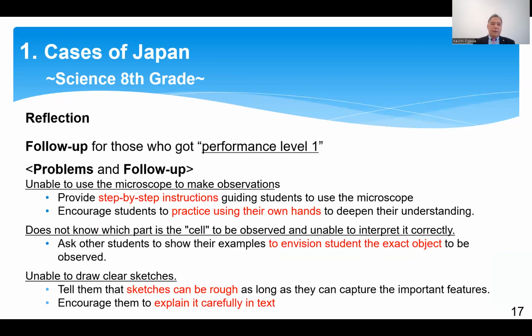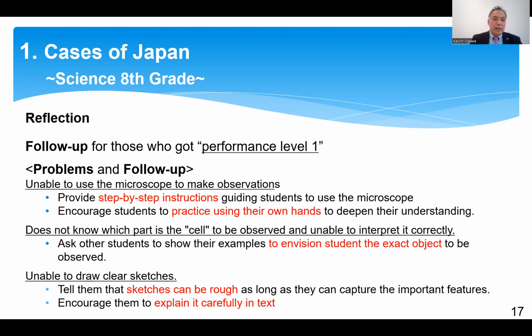So follow-up for those who got performance 1: the problems and the follow-up. The problem: they are not able to use the microscope to make observations. Then follow-up: provide step-by-step instructions, guiding students to use the microscope. Encourage students to practice using their own hands to deepen their understanding. Those are the follow-ups.